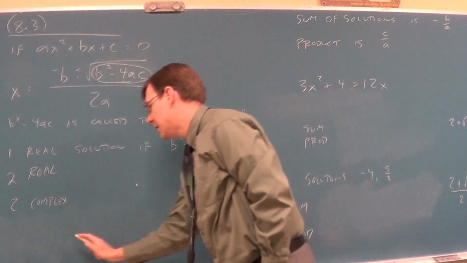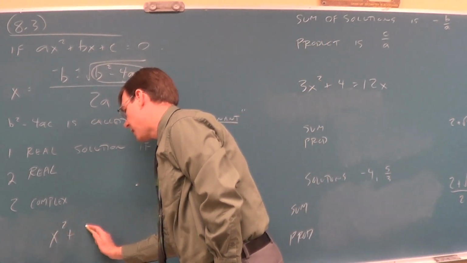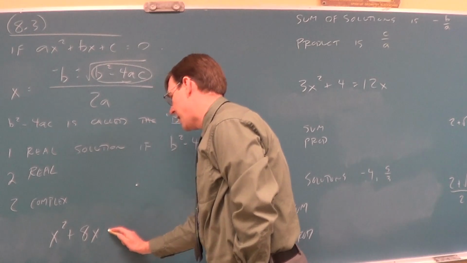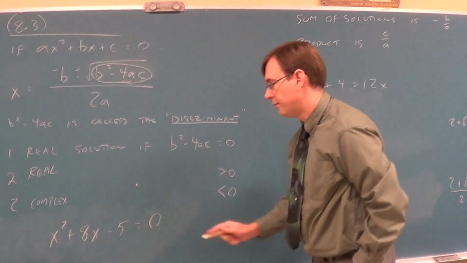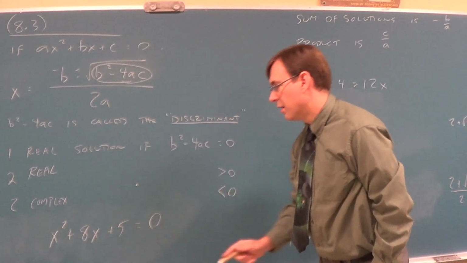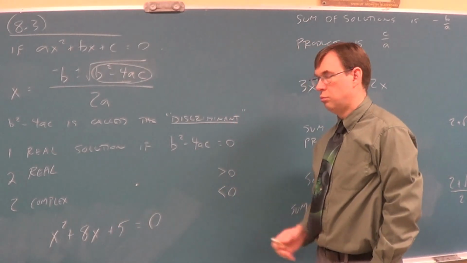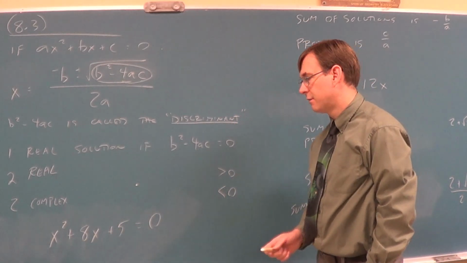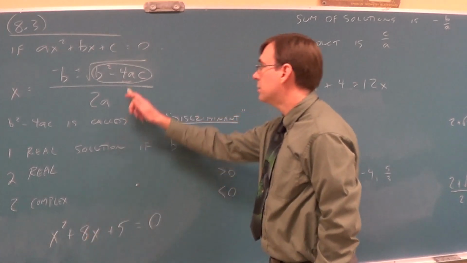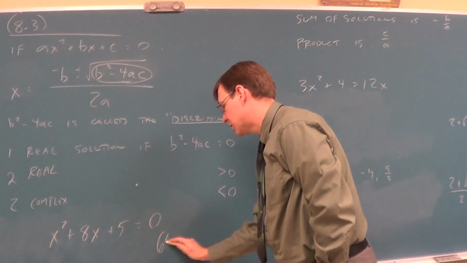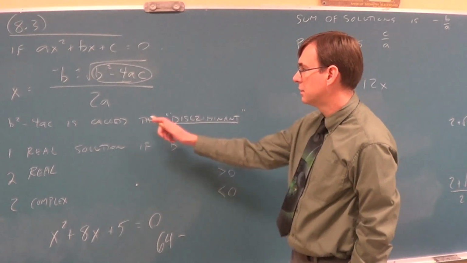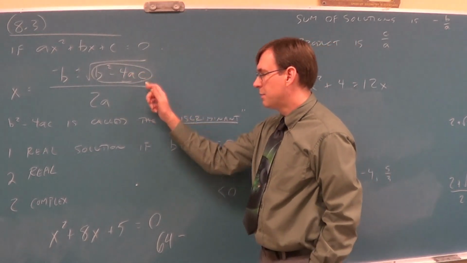So the homework might say to you something like x squared plus 8x minus 5 equals 0. Let me go plus 5 there. And say, what type of answers does that have? Well, you would do just the discriminant part. Take b squared, 8 squared is 64, minus 4 times a times c.